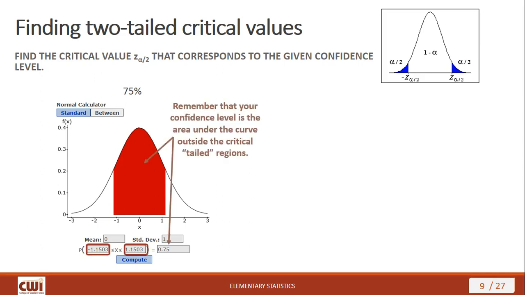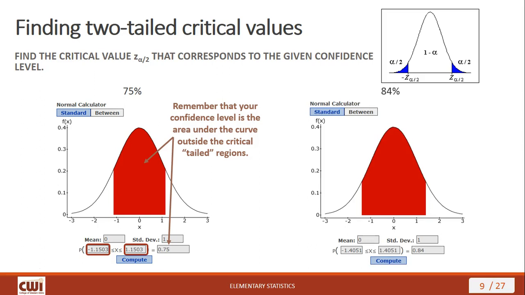Again, remember that your confidence level is the area under the curve outside the critical tailed regions. Since in this instance we have two-tailed critical values, the region we're looking for is in the middle of the distribution in between the two tails. Let's again look at another example of 84%.